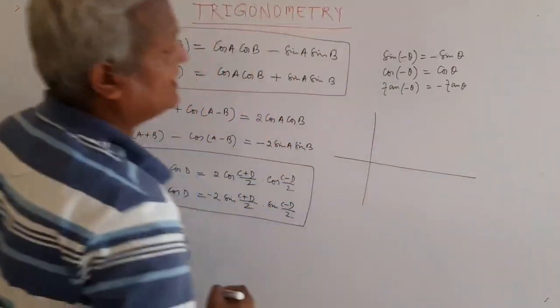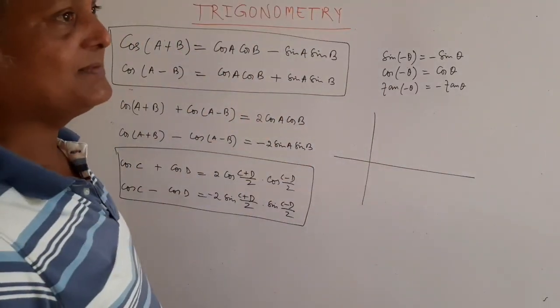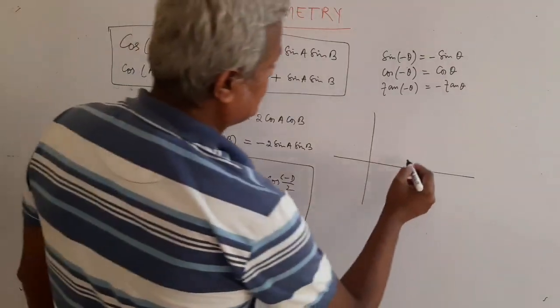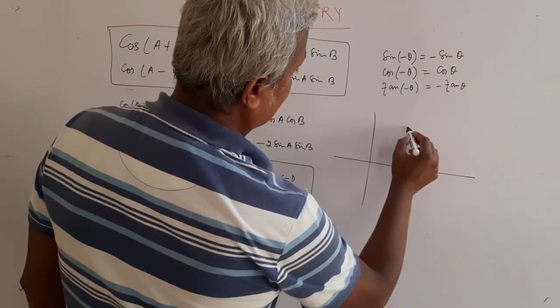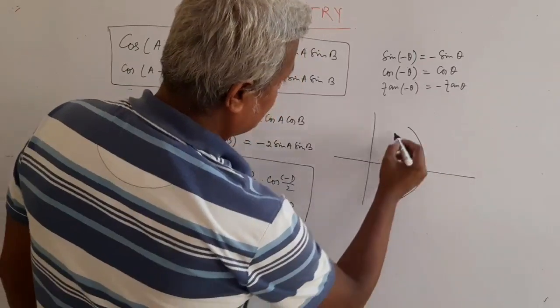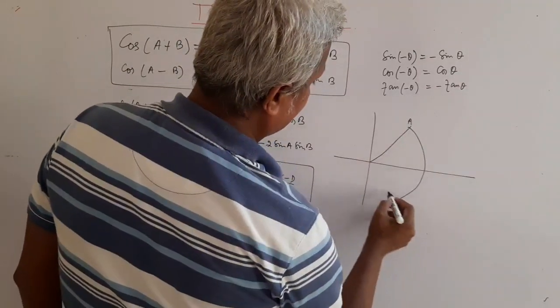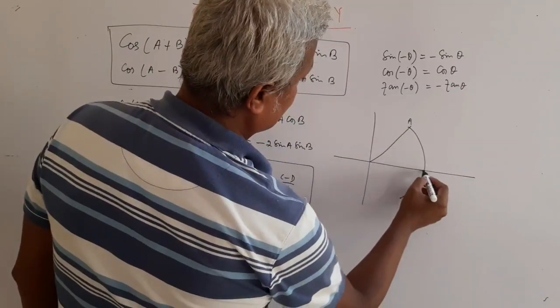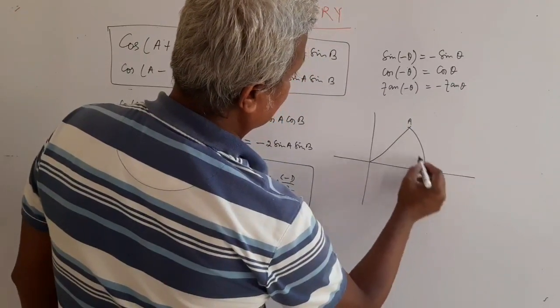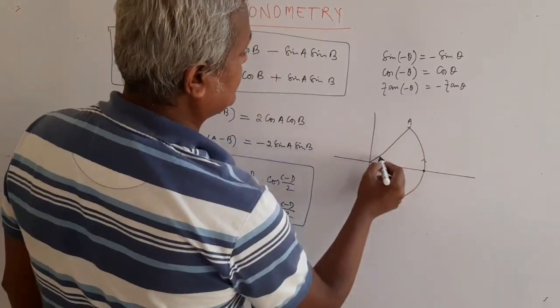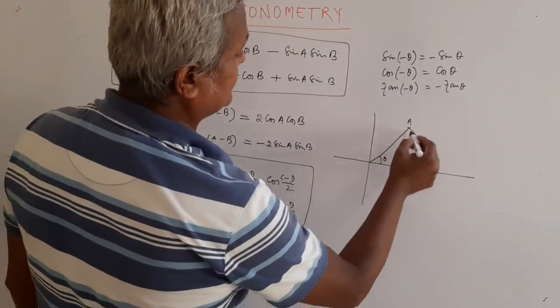I told you that the anti-clockwise angles are treated as positive and the clockwise angles are treated as negative. Suppose my moving point moves from here and it goes like this. So first it is here, A, and then it came here. When it goes in this direction anti-clockwise, this is angle theta subtended.